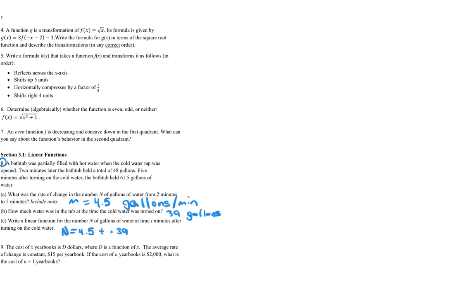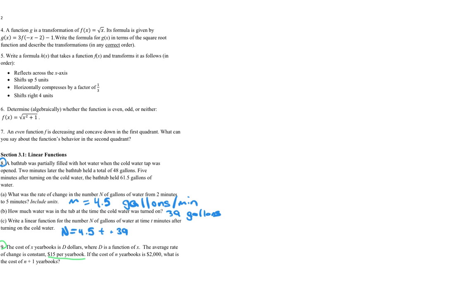Okay, so looking at number 9 here, we're saying the cost of X yearbooks is D dollars, where D is a function of X. The average rate of change is a constant 15 per yearbook. If the cost of N yearbooks is 2,000, what is the cost of N plus 1 yearbooks? Because this is a linear rate, if we increase N by 1, the amount should also increase by $15 per yearbook.